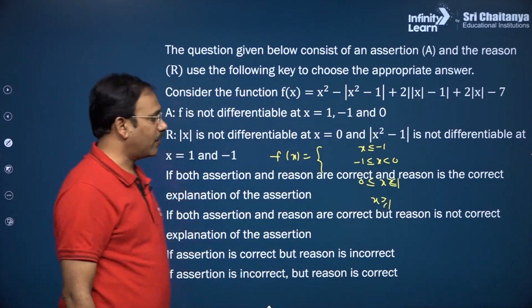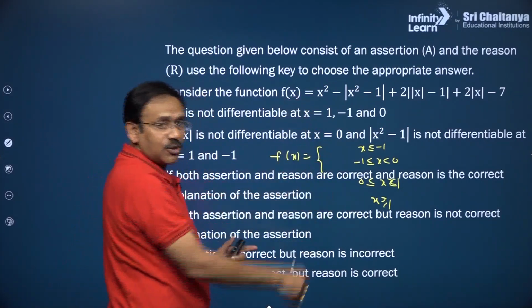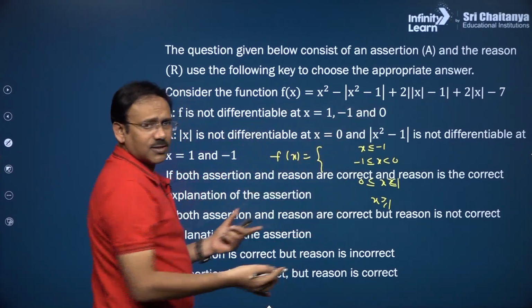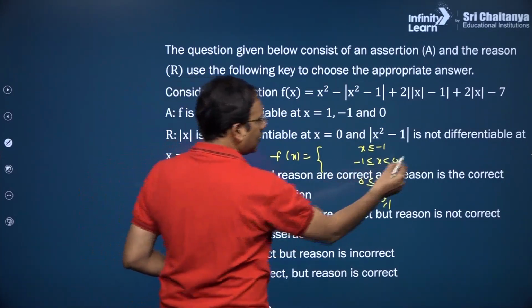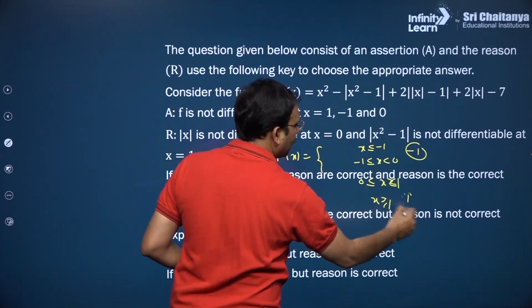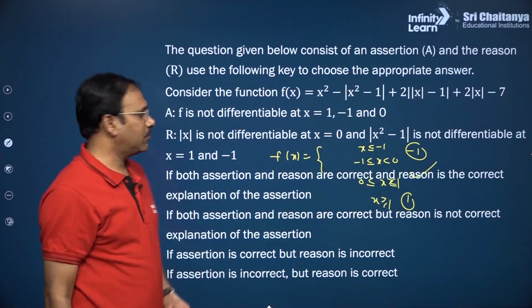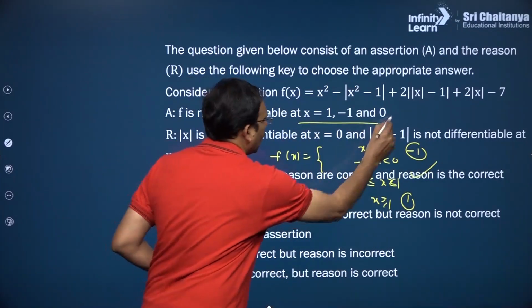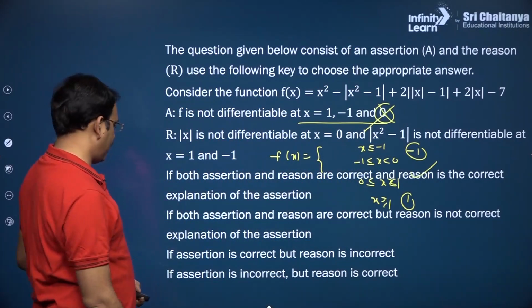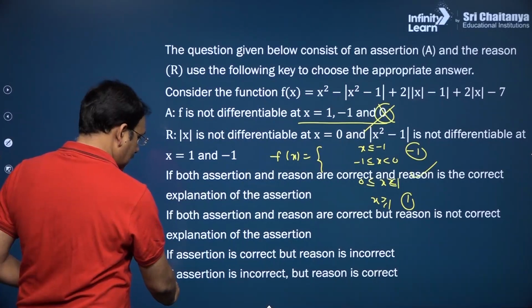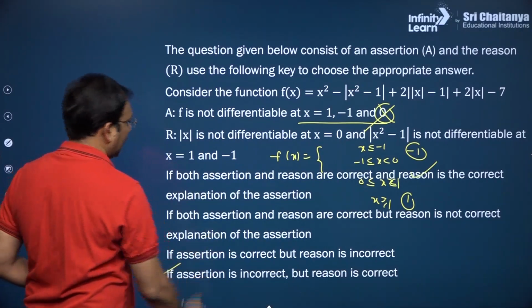If you split, my dear friends, you can observe that it is a continuous curve, because all are continuous functions, so no need to check the continuity. And for differentiability, at minus 1 and 1 it fails, but at 0 it will be differentiable. So this statement becomes wrong at 0. So the first statement is false, the second statement is correct, my dear friends. So assertion is incorrect, but reasoning is correct.